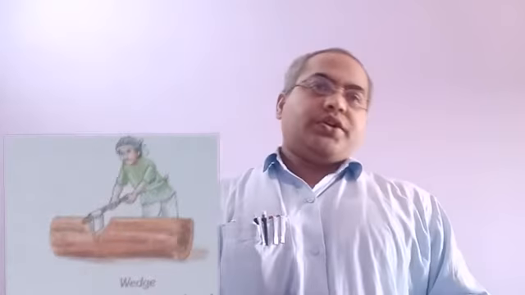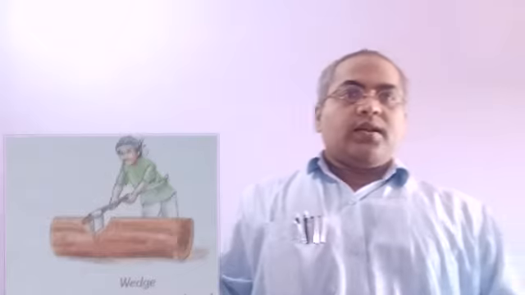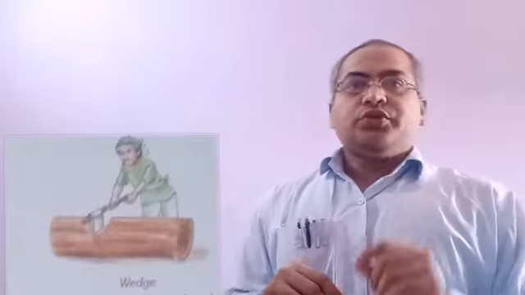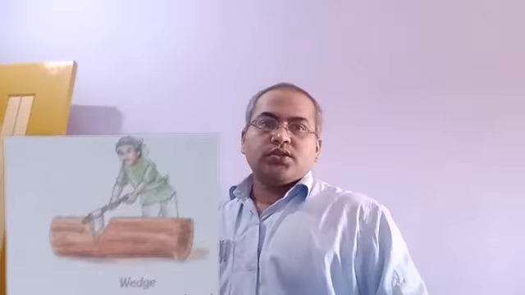Now comes the screw. At our houses we find several places where screws are used. Like if I show you this door, at the corners where this door is attached with the frame which is fitted in the wall, there we use screws.